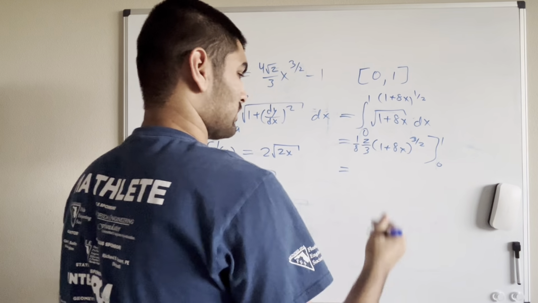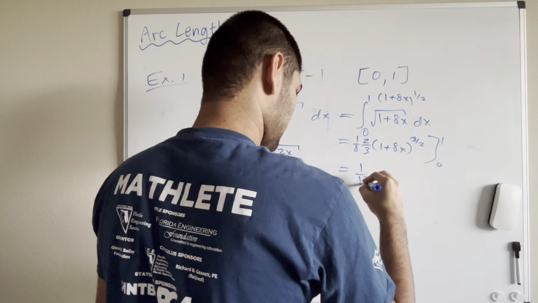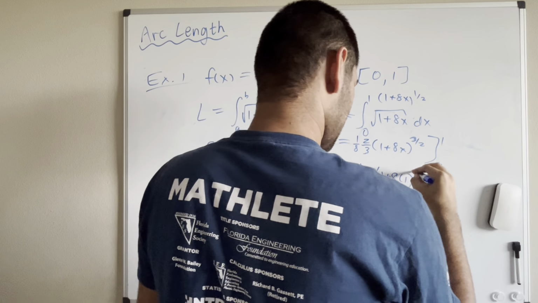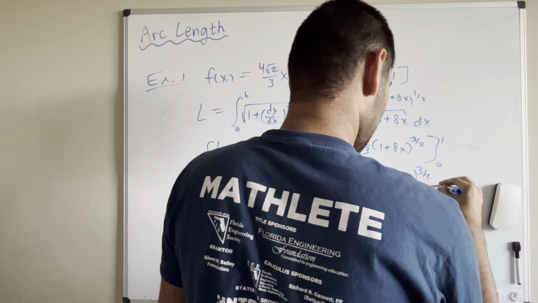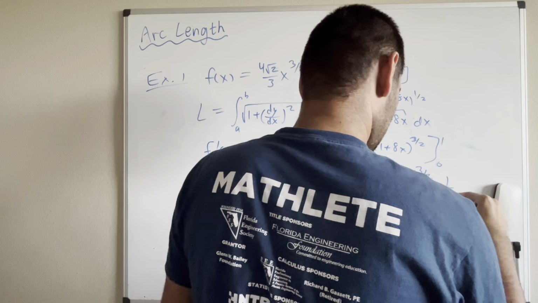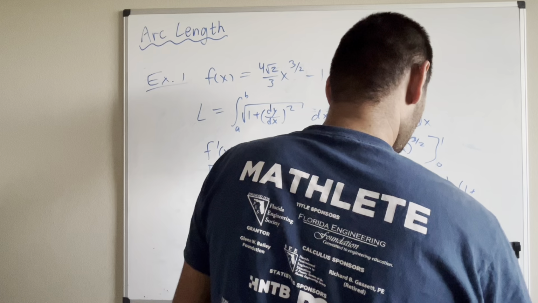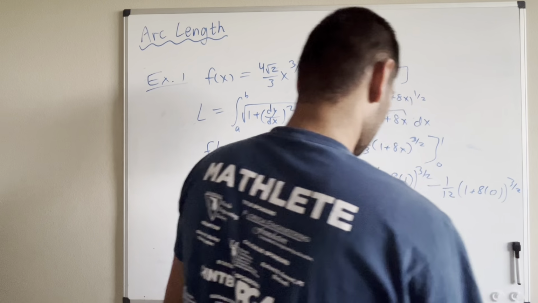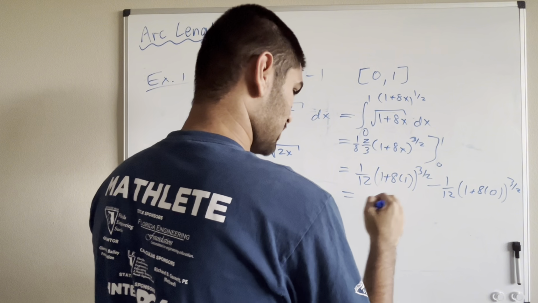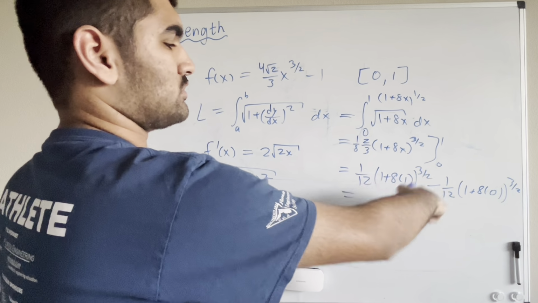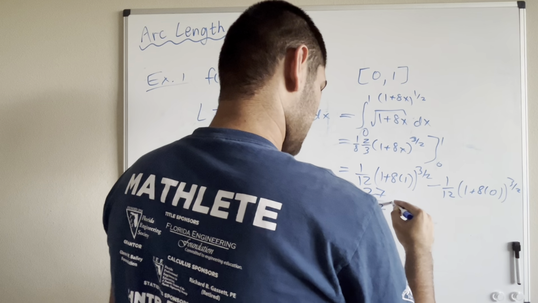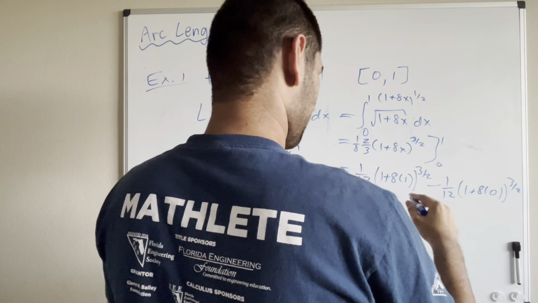Sorry about that. But this becomes 1 over 12, and let's see, substitute in 1, and then minus, when you substitute in 0, so 1 plus 8 times 0 to the 3/2, right? So here we get 9 to the 3/2, 27, so you get 27 over 12, minus, this is just 1 over 12.